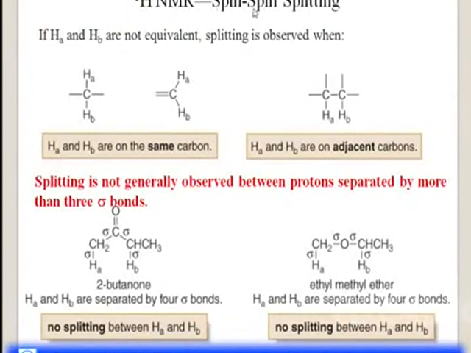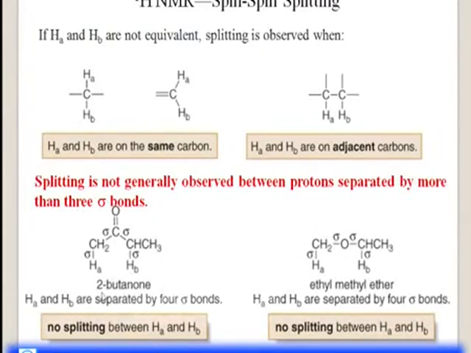In H NMR spin splitting, if HA and HB in this case are not equivalent, splitting is observed. You can see these two are the same, these two are on the adjacent carbon atom. Splitting is not generally observed between protons separated by more than 3 sigma bonds.